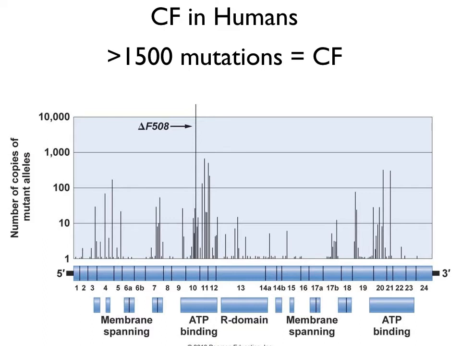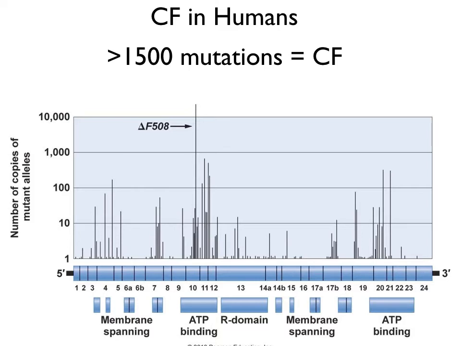In the human genetic disease cystic fibrosis, there are more than 1,500 mutations, many of which are indicated here in this particular gene, and their relative abundance is indicated by the height of the black bar above that portion of the gene. There are many different mutations that can result in this cystic fibrosis phenotype in the population.